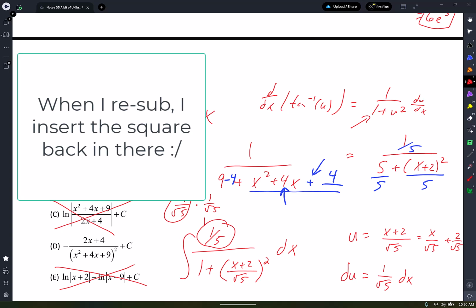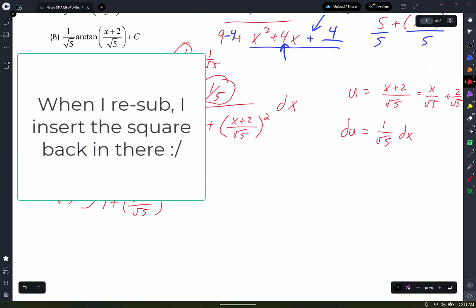Square root of 5 times square root of 5 is 5. Right now, this was outside of those parentheses with the square. Now it's inside the parentheses with the square. And then I just did my du substitution. du was 1 over square root of 5. So I forced it. 1 over square root of 5 times 1 over square root of 5 is 1/5. One of those goes on the outside of the integral, and one of those stays on the inside, with a dx on the side. I substituted that, and that's my du.